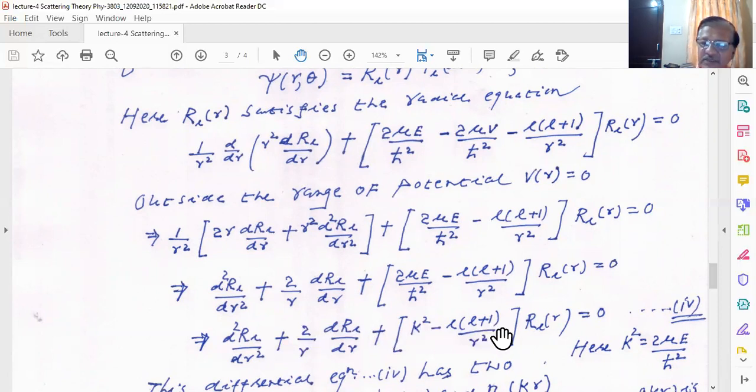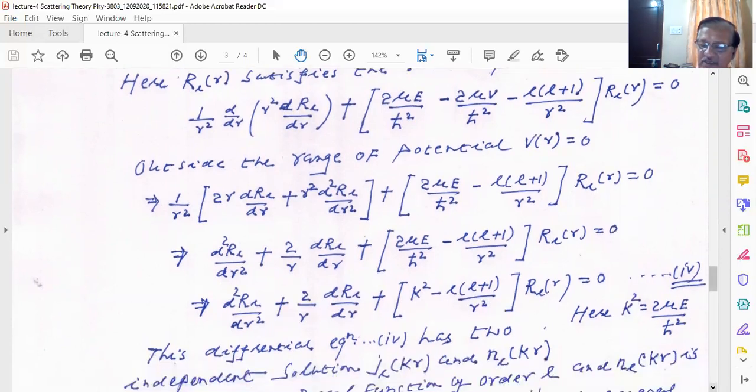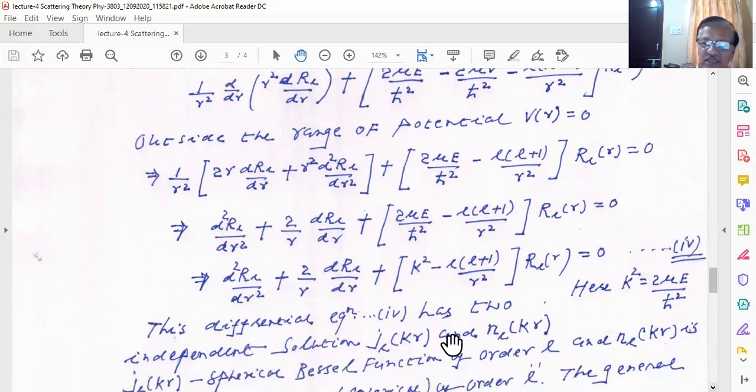And this equation has two independent solutions. The solutions of this equation are basically the Bessel functions and Neumann functions. So the first independent solution will be RL equal to JL of KR, that is a spherical Bessel function of order L. And here I am defining another function, NL of KR.